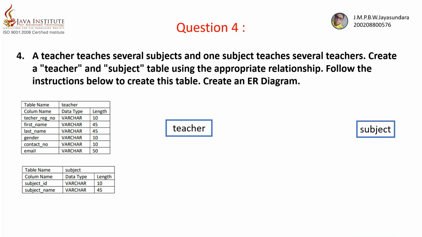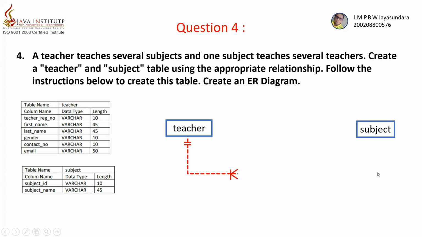First, we have our two tables as teacher and subject. In here, it says a teacher teaches several subjects. So that means one teacher teaches several subjects, and one subject is taught by several teachers. So it's going to be a many to many relationship.